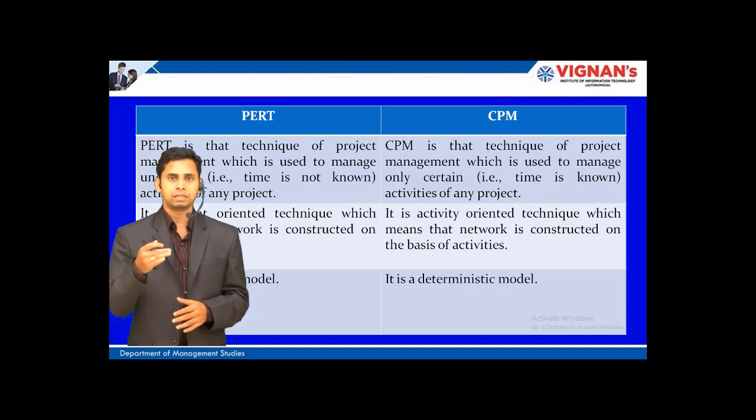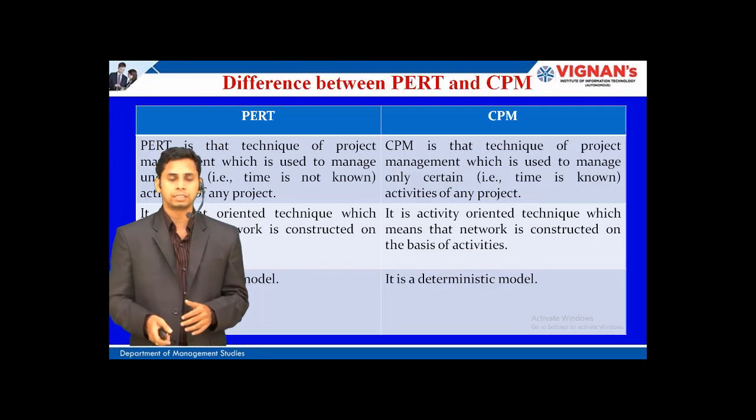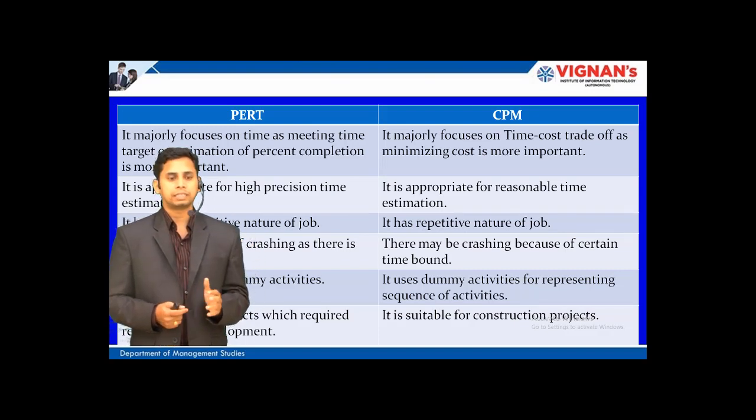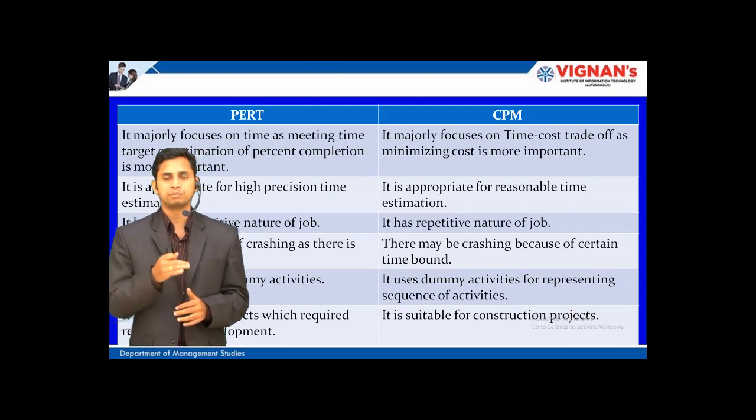But CPM is based on time that is very much known for the completion of the project, so it is a deterministic model. PERT majorly focuses on meeting the time target or estimating the percentage completion of time, which is more important in the case of the PERT technique.